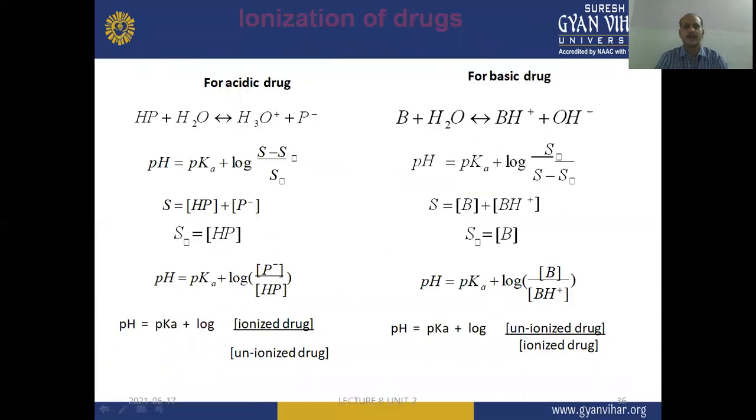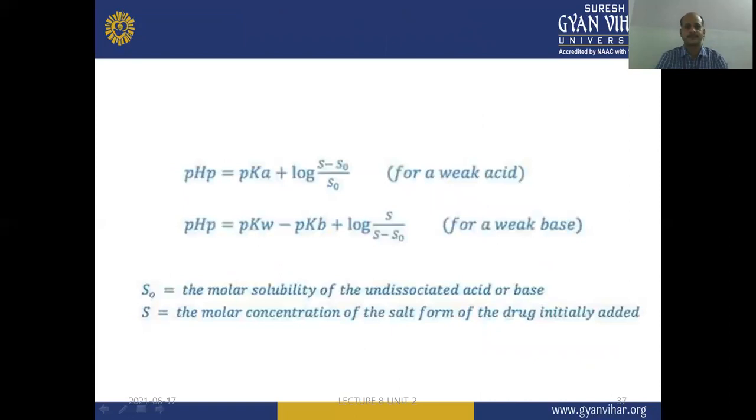These are the different ionization relationships of drugs. In the Henderson-Hasselbalch equation, pH equals pK plus log of ionized drug divided by unionized drug for acidic substances, and for alkaline drugs, pH equals pK plus log of unionized drug divided by ionized drug. These are the Henderson-Hasselbalch equations, for weak acids and for weak alkaline substances.